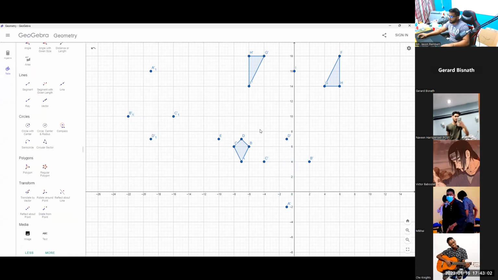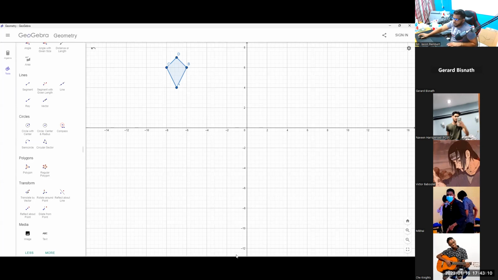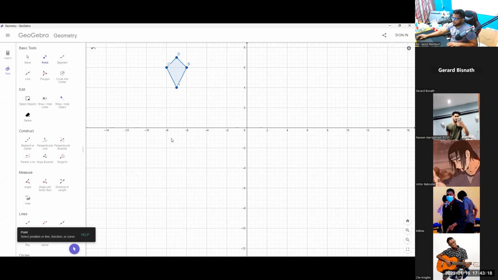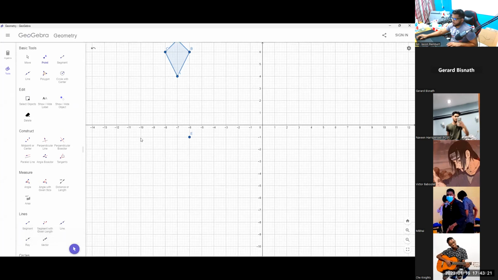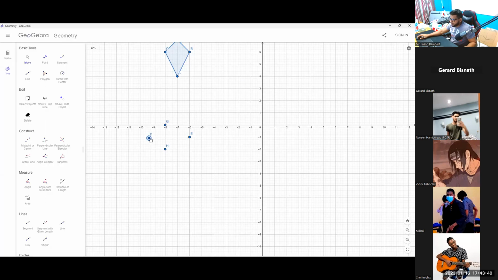We see the coordinates of R are -6, -1, -8, -1, -10, -1, -9, -1. Cool.